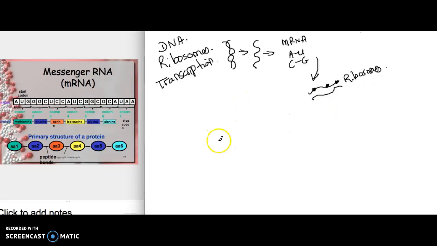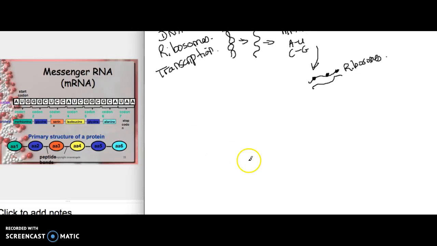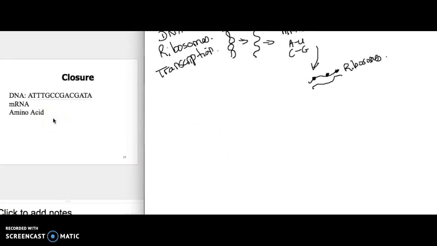Now, I'm going to give you an example. Say, for example, let's work this problem. If they give you a DNA molecule with A, T, T, T, G, C, C, G, A, C, G, A, T, A, this is DNA.